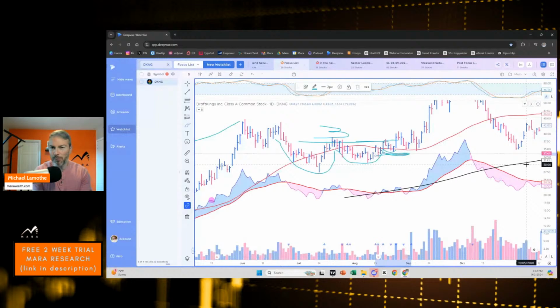Right? It helps you to define what your risk is going to be. And you also know that you could be transitioning back into a stage 2 uptrend. Because that's what we want. We know that stage 2 is where the big moves happen. So that's why we want to pay attention to the different stages.